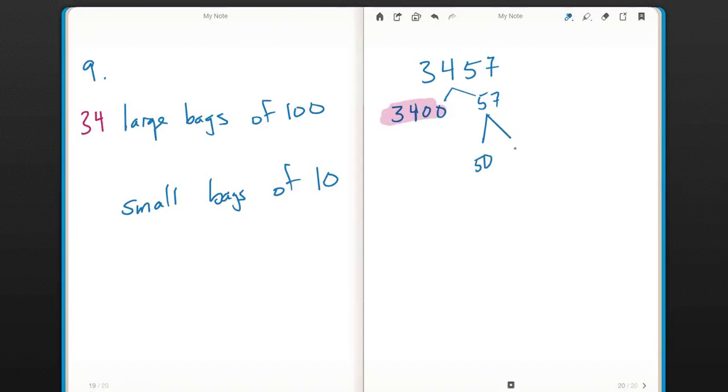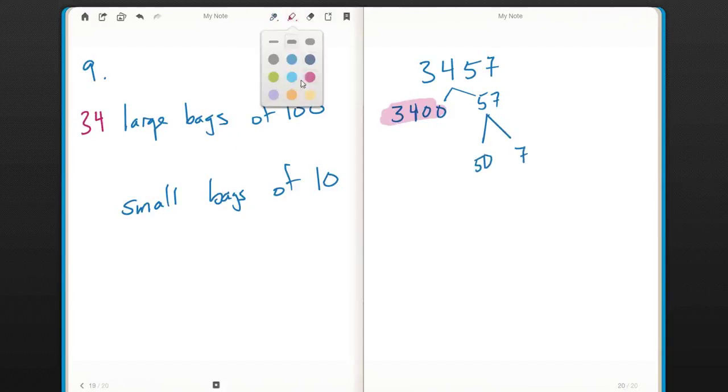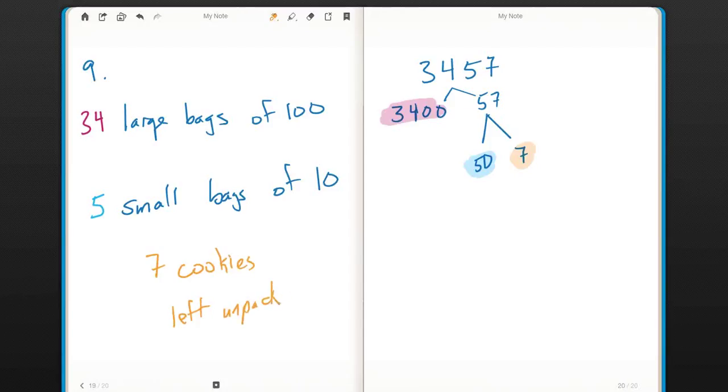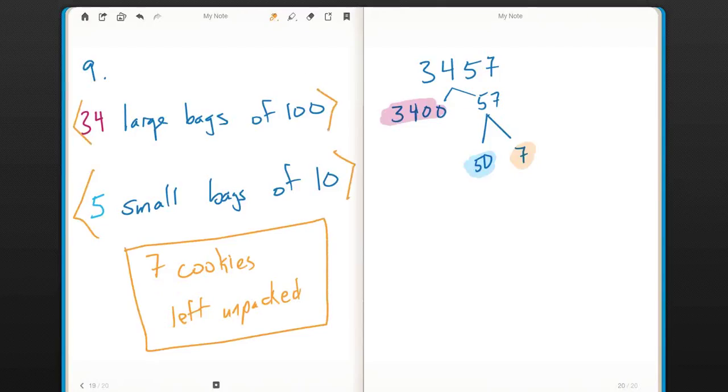If I break that down into a 50 and a 7, what I can find out from that is that the 50 tells me very clearly that I'm going to have 5 bags of 10. And then this 7 is what's left over. Those 7 don't fit into a bag, so I have 7 cookies that are unpacked. And it's not so much about doing the math as it is about reading the number in the correct way to be able to state the answer from that.